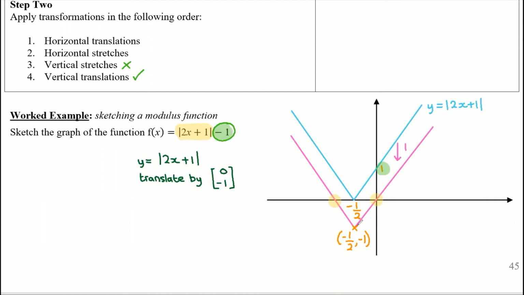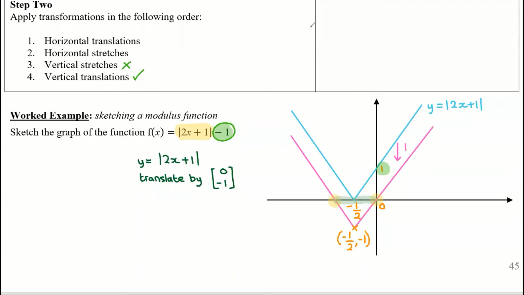So the first one is obviously the origin. Okay, and by symmetry, if we just look at the distance from one side of that apex to the other, so that's 1/2 a unit. So we go another 1/2 a unit in that direction. So that's going to be at -1.